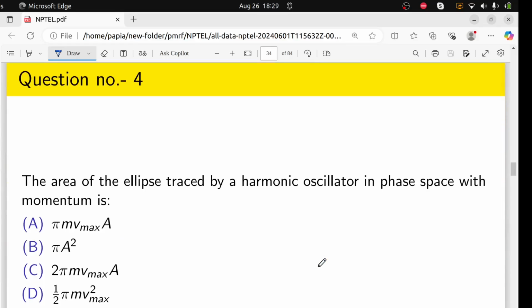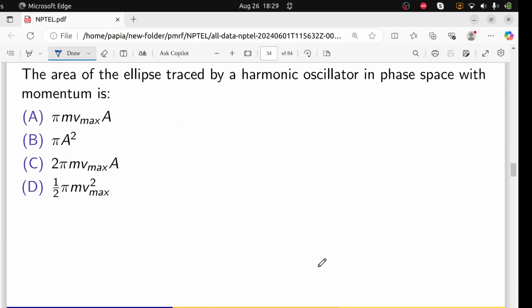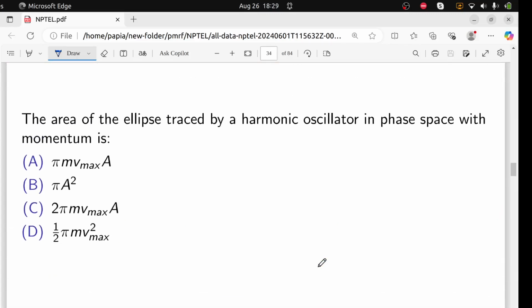Now let me go for the fourth question. The area of an ellipse traced by a harmonic oscillator in phase space with momentum is what? Okay. So how do we do that?